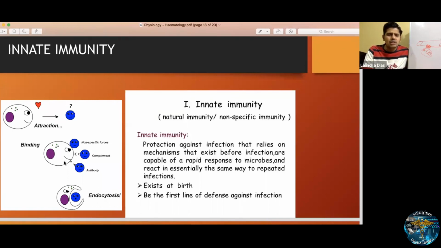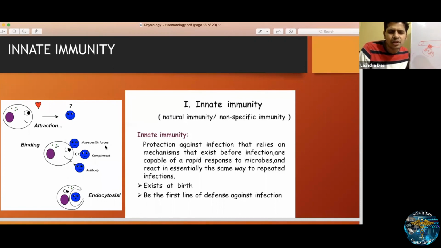Then guys, once they get attracted, they get bound to the protein of that foreign particle, like bacteria or virus. So macrophage, they get attached to those foreign substances. You can see that here.